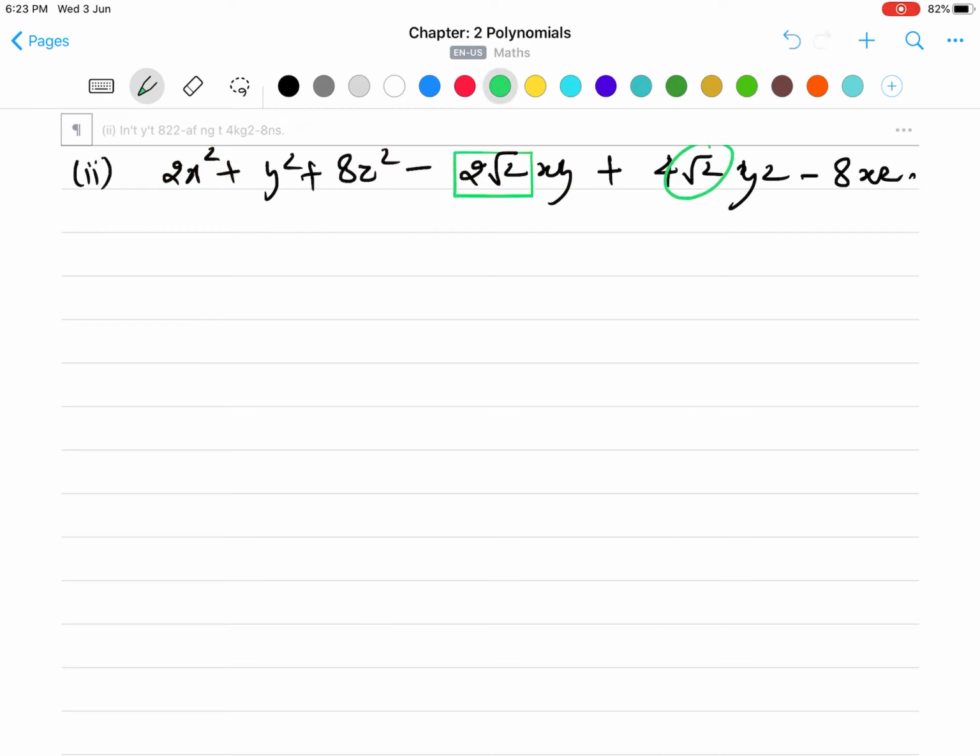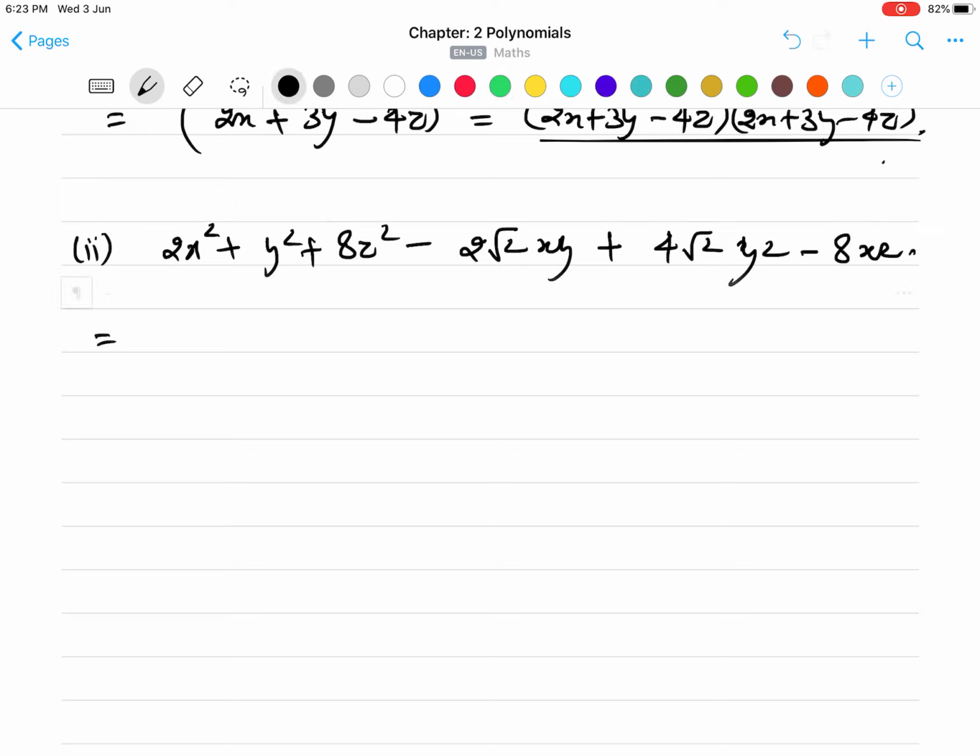Now you will notice again one thing, that these two terms have root values, and the variable common here is y. So that means the value of y needs to be with root power.